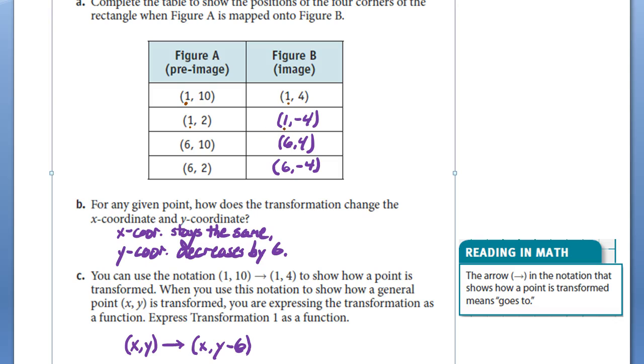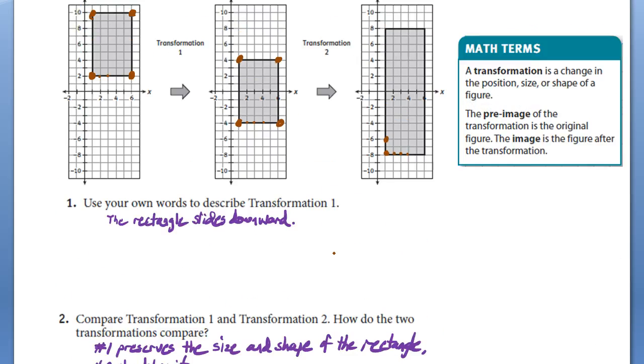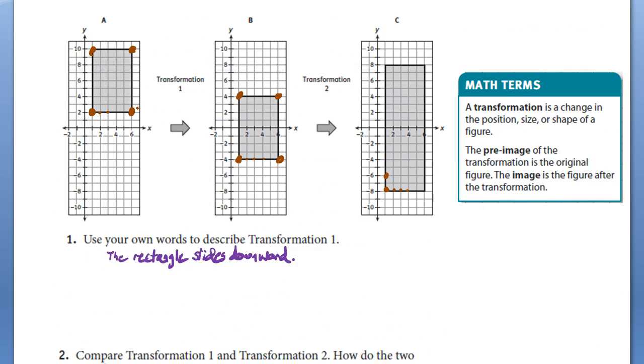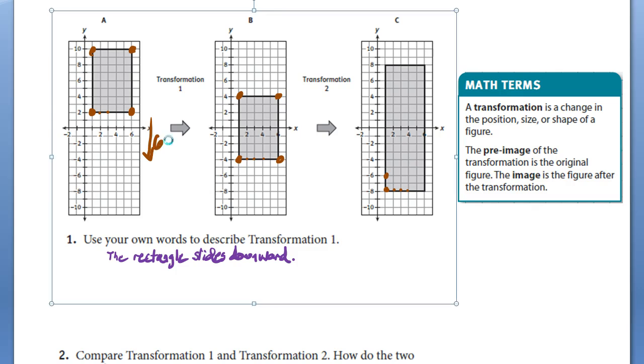That x-coordinate is 1. After the transformation, the x-coordinate is 1. That x-coordinate is 6. After the transformation, that x-coordinate is 6. The x-coordinate stays the same. But the y-coordinate decreases by 6. Saying that the y-coordinate decreases by 6 is another way to say that that rectangle has moved down 6 spots. Each of the four corners will have moved down 6 spots.